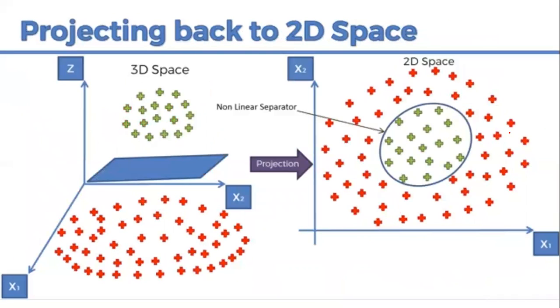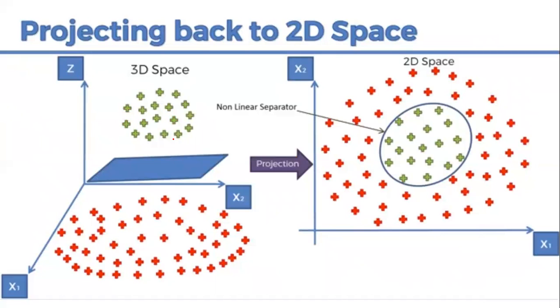Now I can make a projection like this, so I can get a circular contour, or a circular curve, which is able to clearly classify the green and red data points, right?